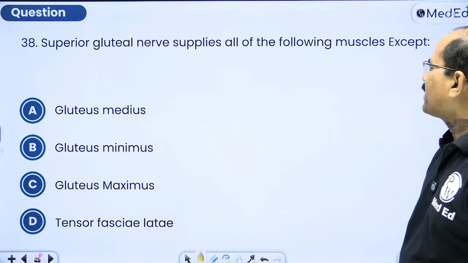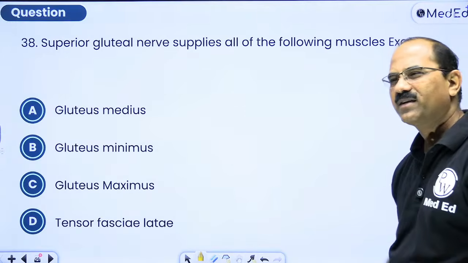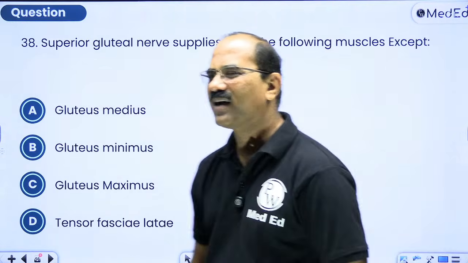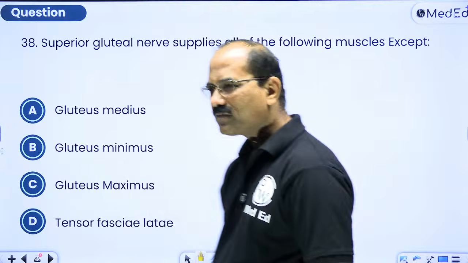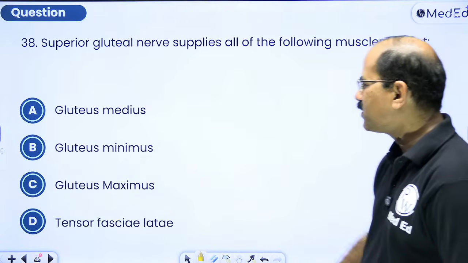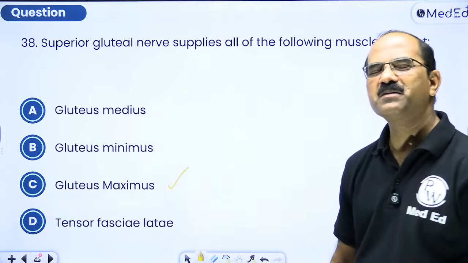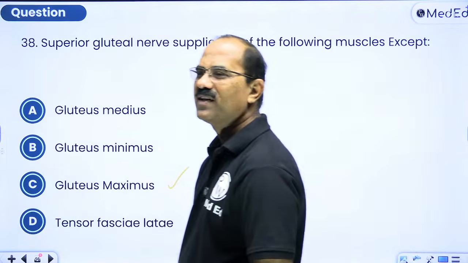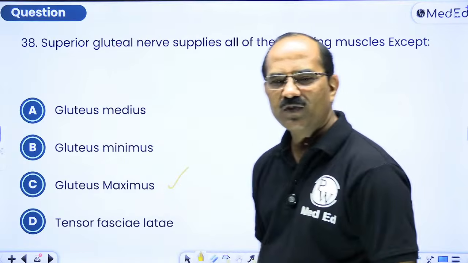Superior gluteal nerve supplies all the following muscles except. Easier. Come on, answer this. Superior gluteal nerve supplies all the following muscles except gluteus maximus. Gluteus maximus is supplied by inferior gluteal nerve.